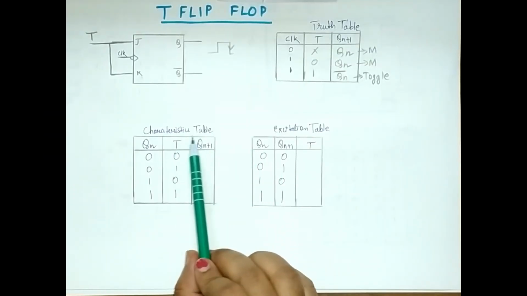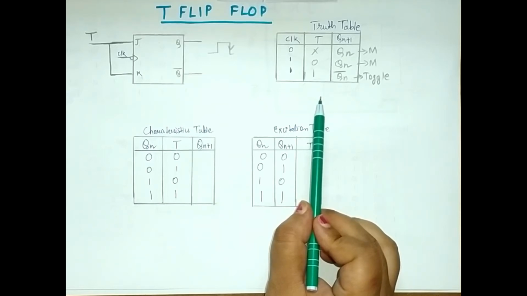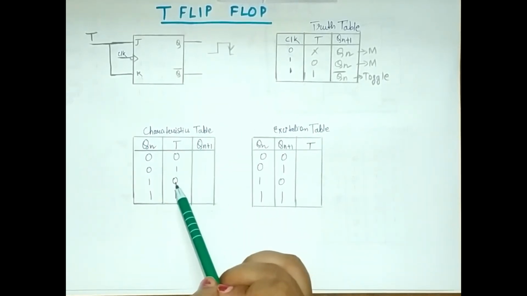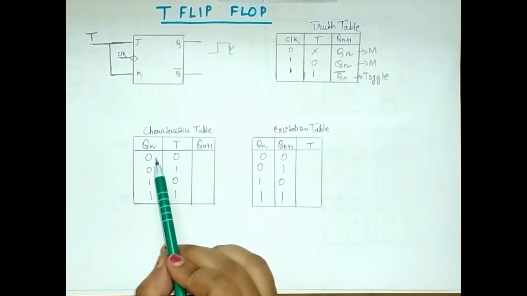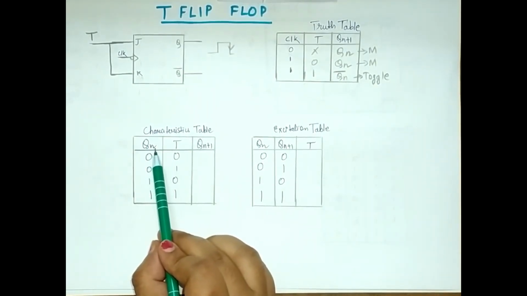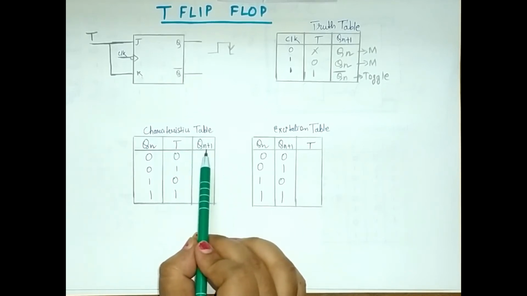Now let us draw the characteristics table from the truth table. If you remember the previous lectures, we derive the characteristics table from the truth table. When Qn is known and T is known, what will be the value of Qn plus 1?